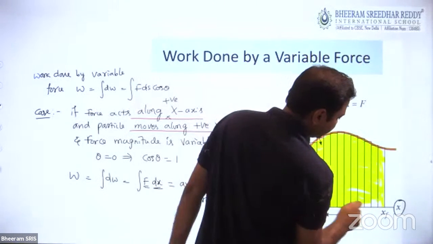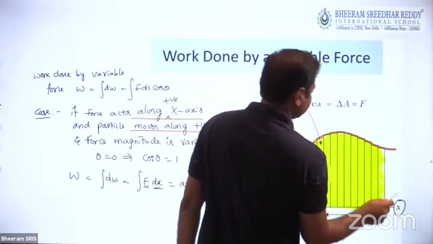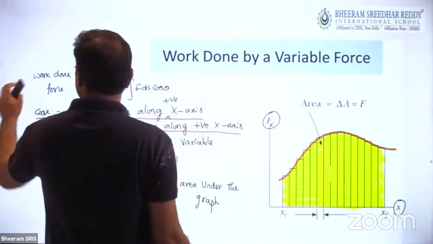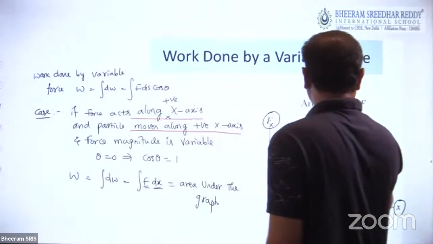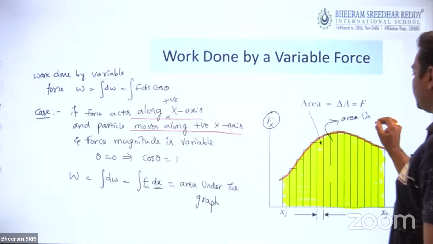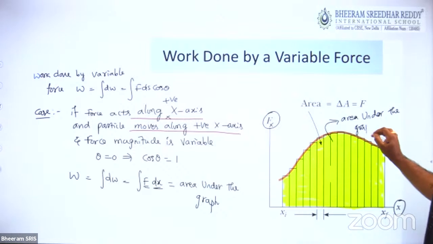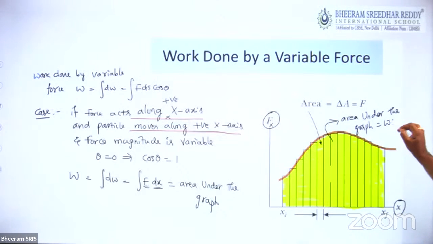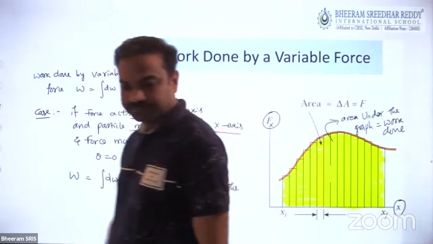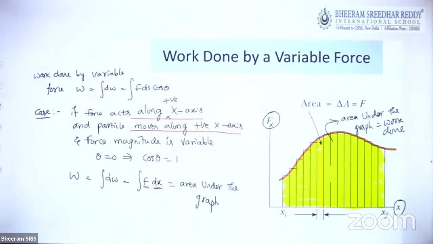Remember this. Area under the graph is equal to work done. Understood?